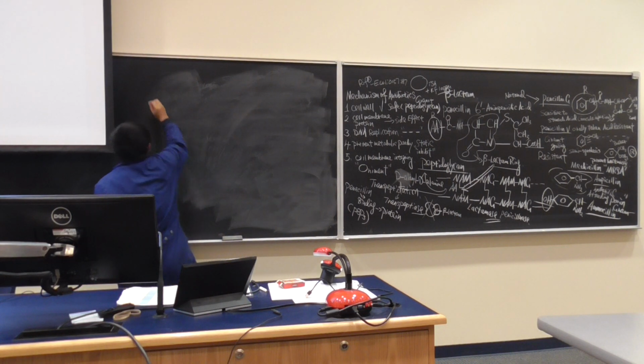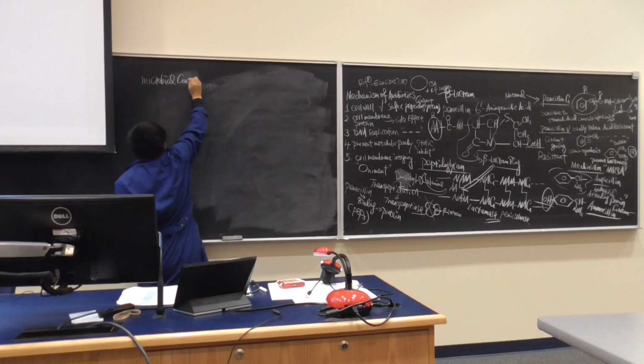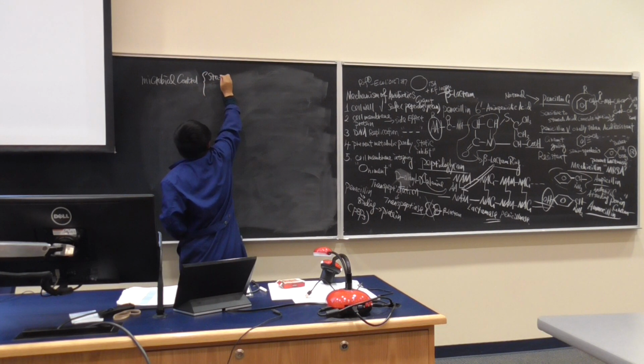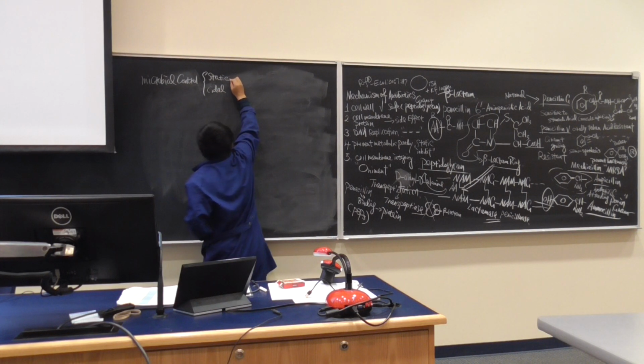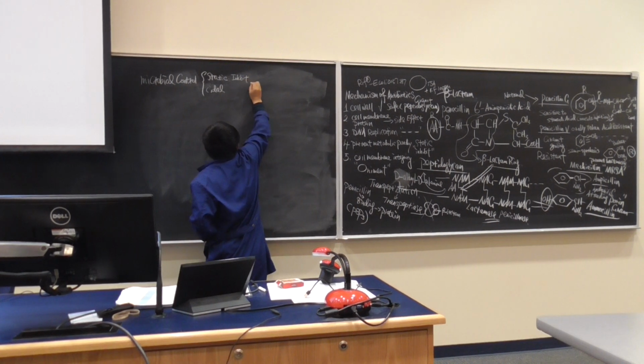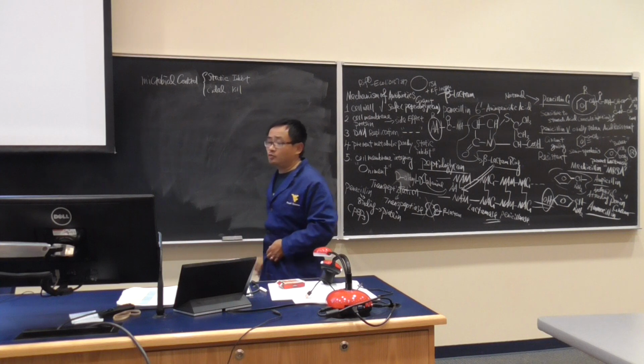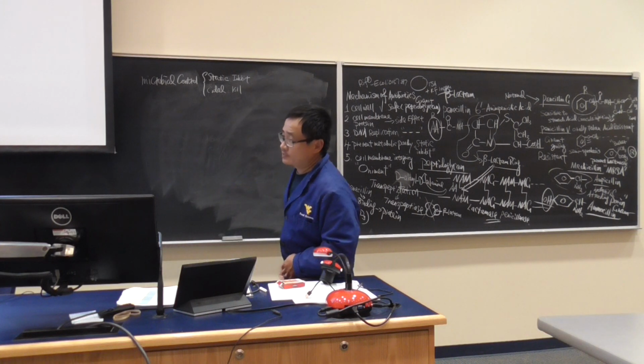First of all, when we talk about microbial control, we mentioned a couple of times there are two terminologies, static and cidal. Static means inhibit bacterial growth. Cidal is killing bacteria. And I want to mention one thing.